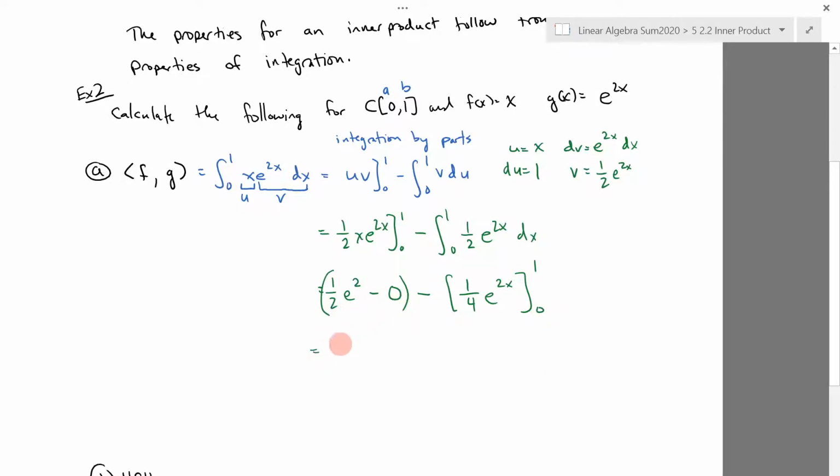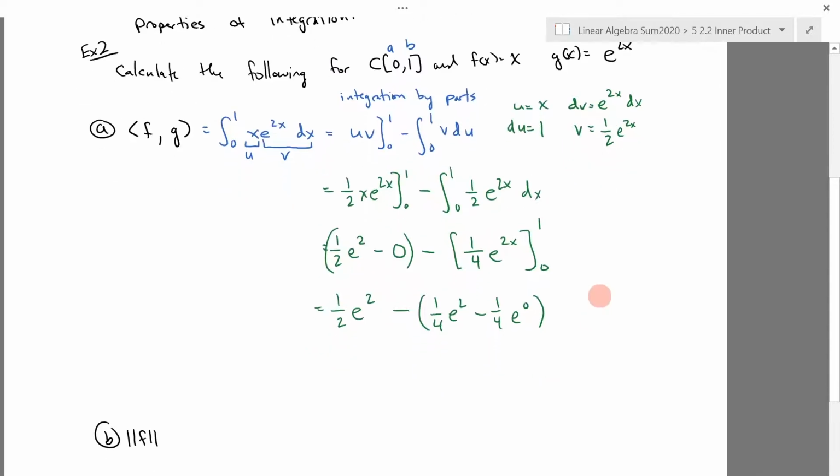Okay, so this part is done, so that stays the same. So that's just 1/2 e squared, and then minus. I need to plug in 1, so this becomes 1/4 e squared. Then I plug in 0, so minus, plug in 0, this is e to the 0. But then e to the 0 is just 1.